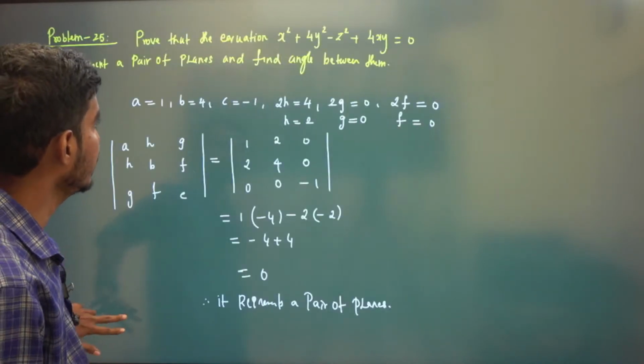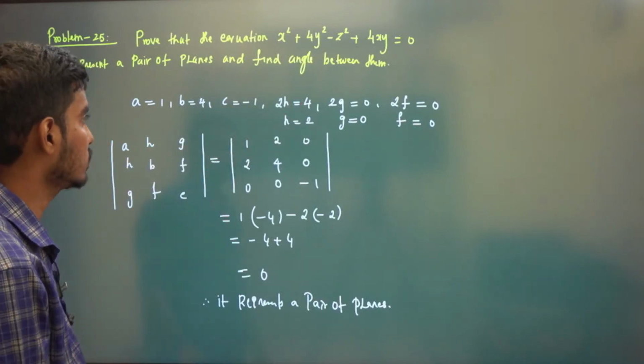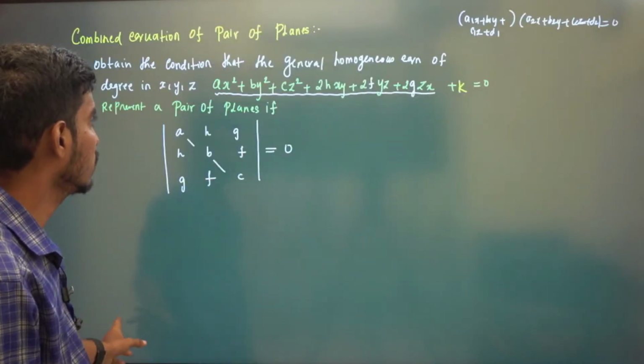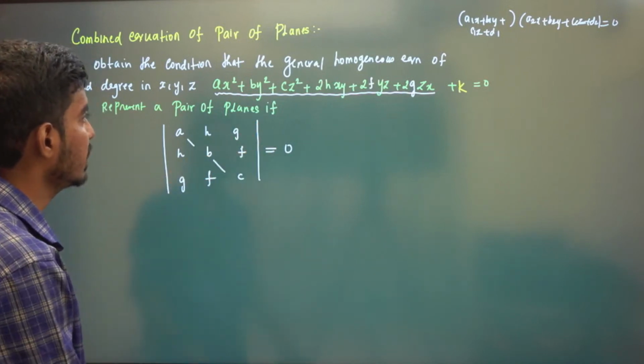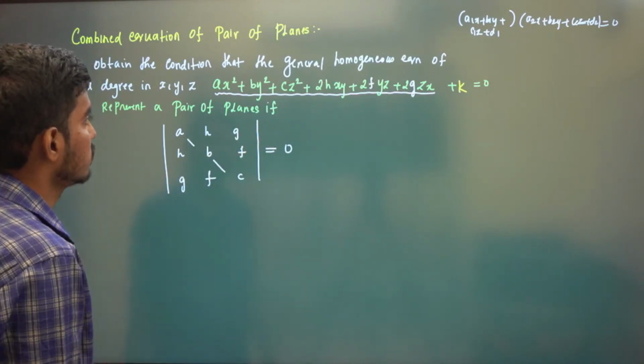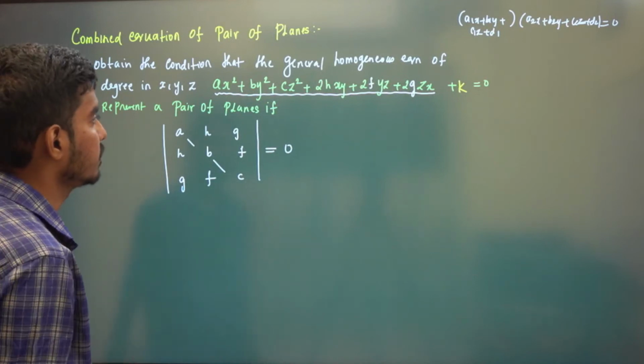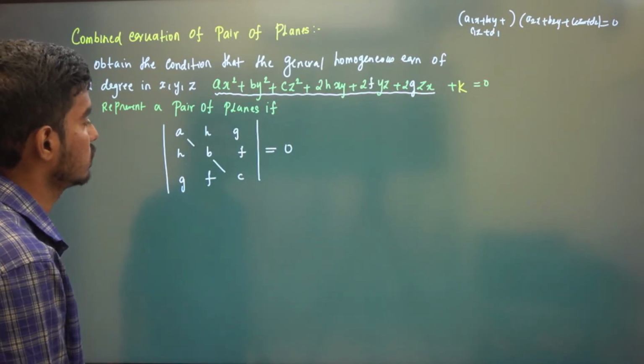Yz and zx terms are 0, right? So therefore g and f are 0. So you just change to 2hxy, 2fyz, 2gzx, right? Sorry.